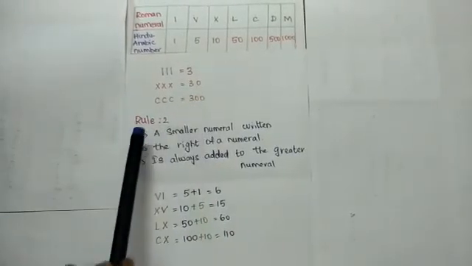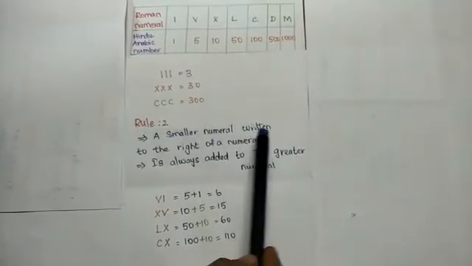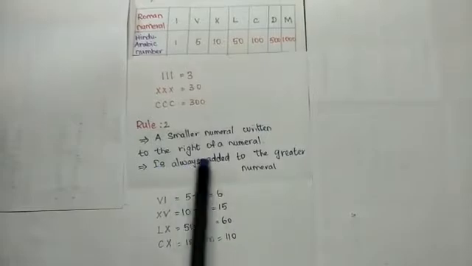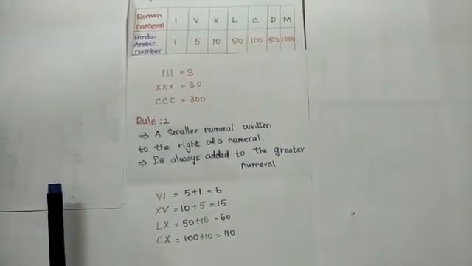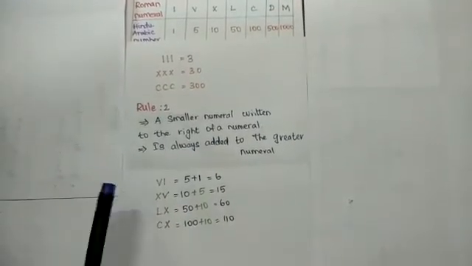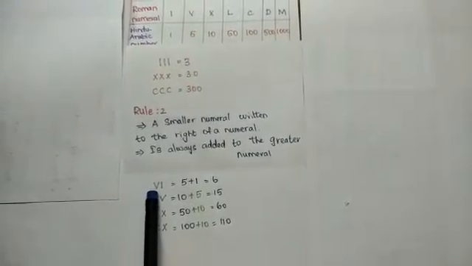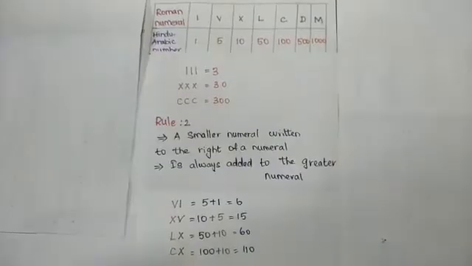Now we are going to rule number 2. A smaller numeral written to the right of a numeral is always added to the greater numeral. Here we have a greater numeral first, and on the right hand side we have the smaller numeral.